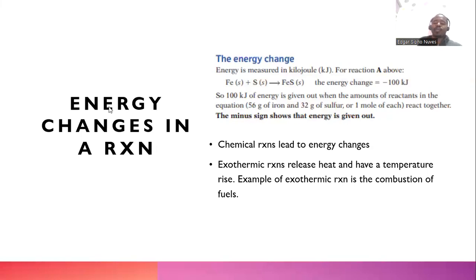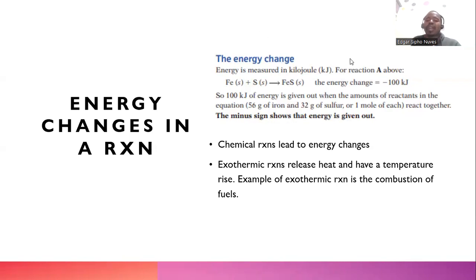We're not looking at all types of energy changes, because we can investigate all sorts of energies that are possible during a chemical reaction. When we're talking about chemical energetics, we're talking about the energy changes that have to do with heat. In other words, the heat changes that happen during a chemical reaction.